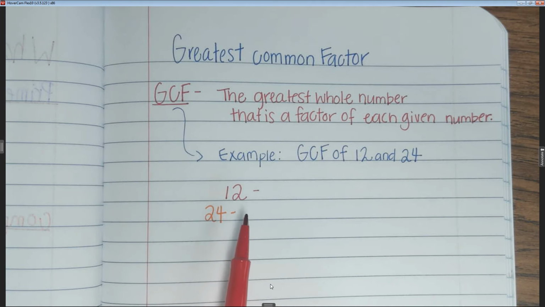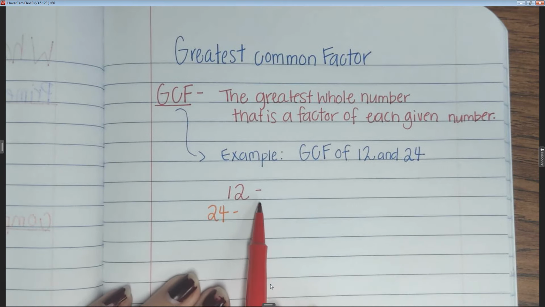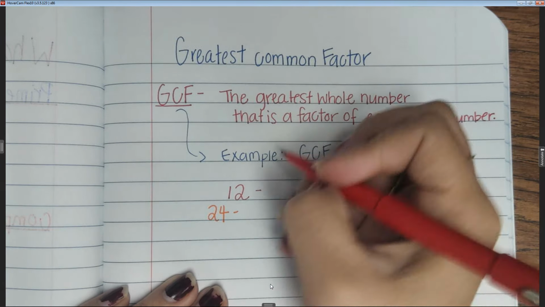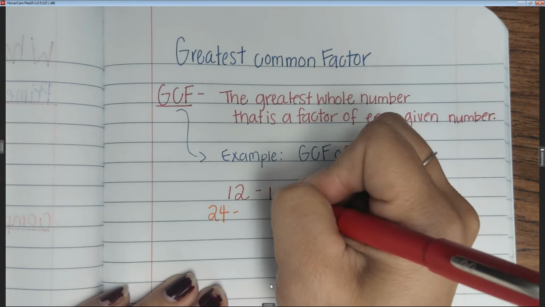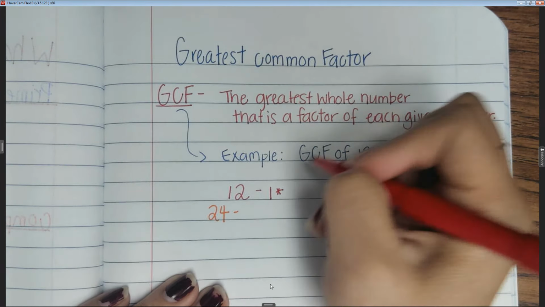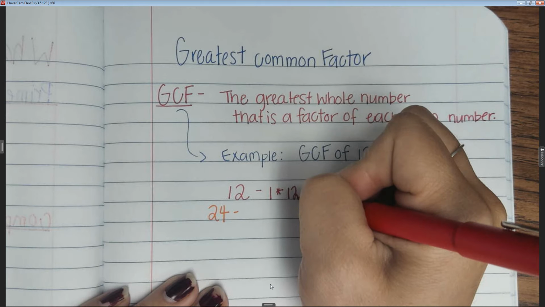With 12, anytime I'm looking for factors, you always want to start with 1 and then work your way up. And I'll show you why. We want to find all of the factors that are going to multiply to make 12. So I'm going to start with 1. 1 times what other factor equals 12? That is 12.